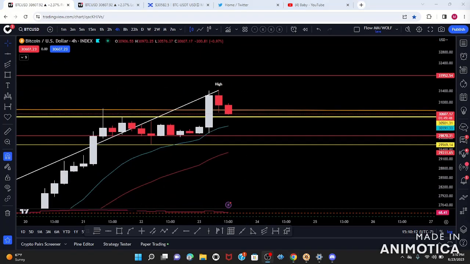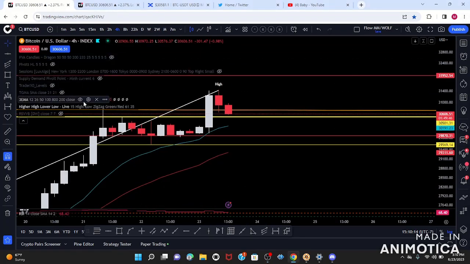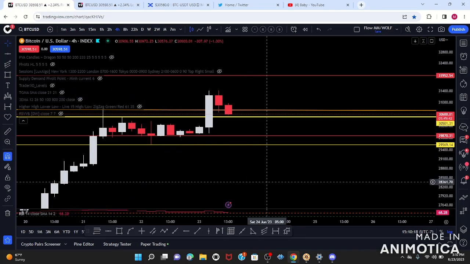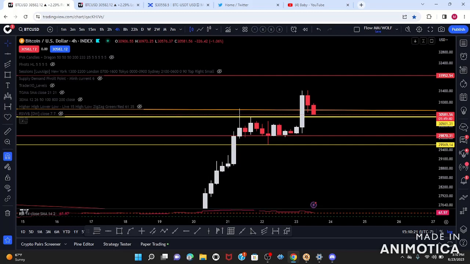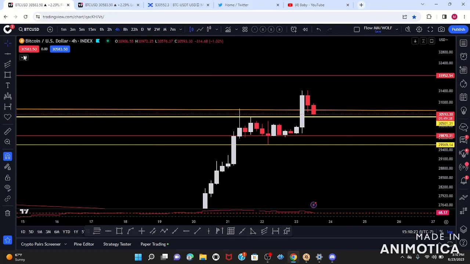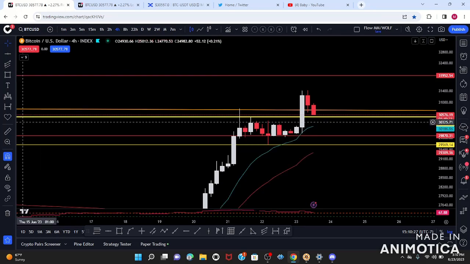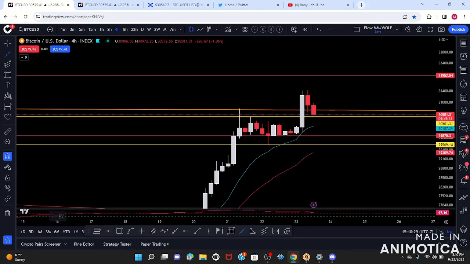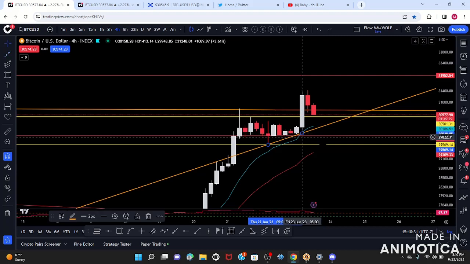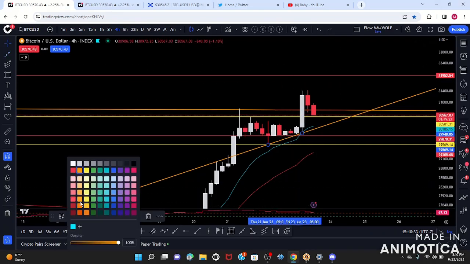So in my 4 hours, if you know my strategy when I trade, it is based on a trend line break, based on support, resistance levels, and based on 12 26 EMAs cross. Okay, those are my 12 26 EMAs. So in the 4 hours, because I am looking for a short, I want this support to break off the bat.